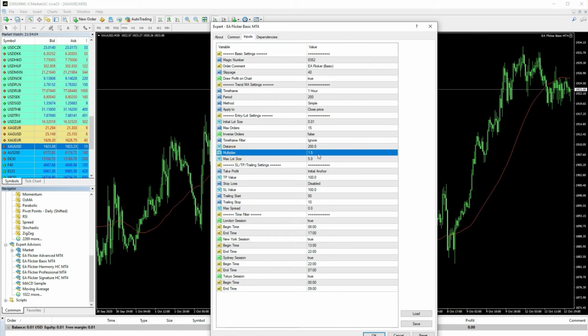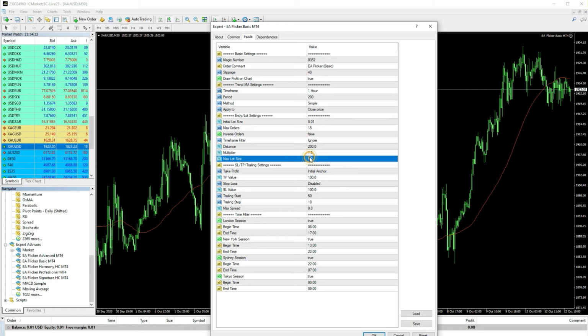And multiplier is, let's say you're starting with 0.01, the next position will be 1.5 times of 0.01. So every subsequent position that is being opened by Flickr would be increased by 1.5.